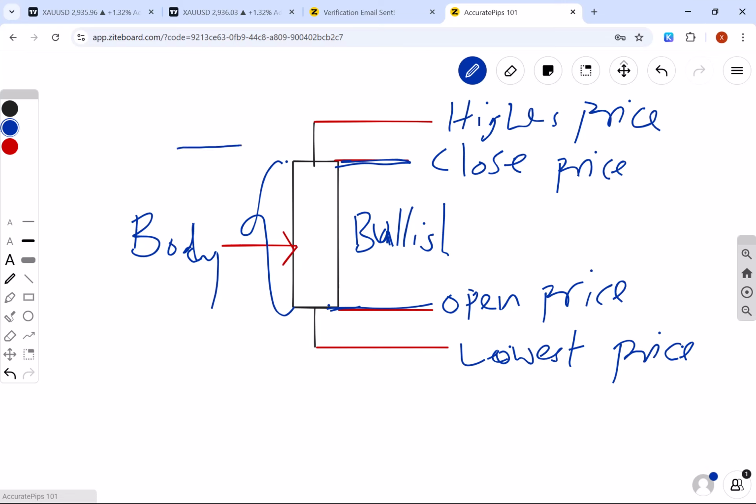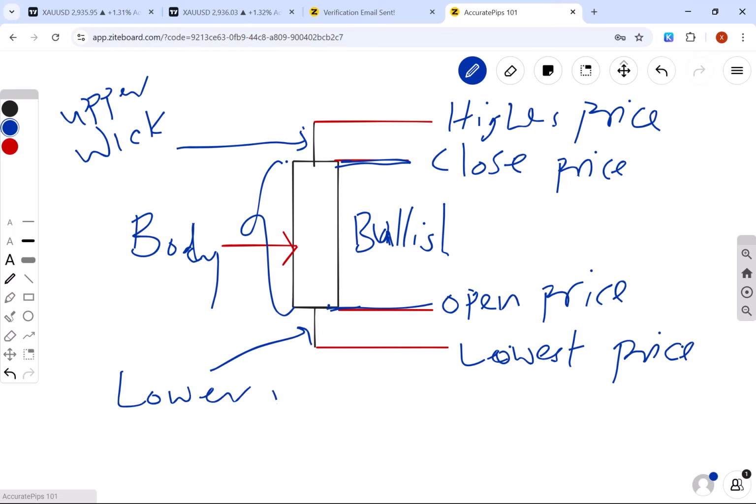Now this one that looks like a straight line is the one we refer to as the wick. So this one here is the what? Upper wick, and the one down here is the lower wick.